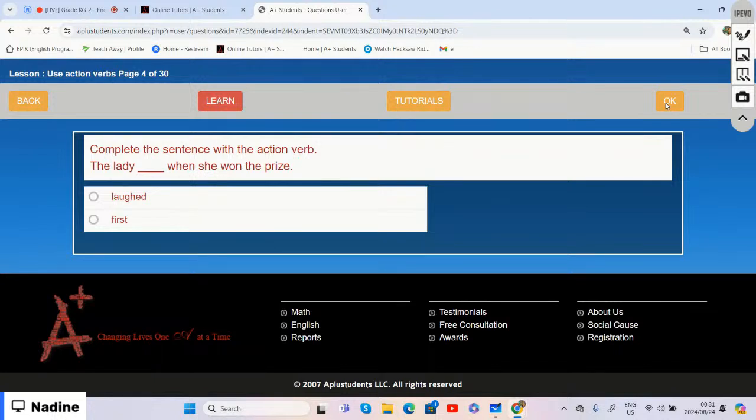Now we're going to the next one. The next one says, the lady laughed when she won the prize, or do we say the lady first when she won the prize? Laughed or first? What is our correct action verb?